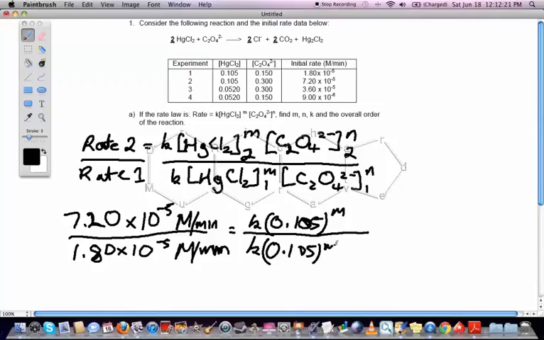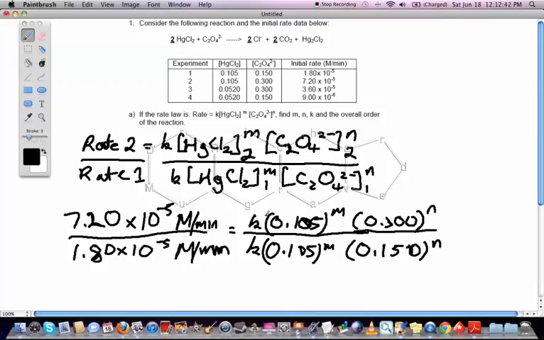So those are going to be the same, and we'll have the 0.300 up the top here to the N, and 0.150 to the N down here.